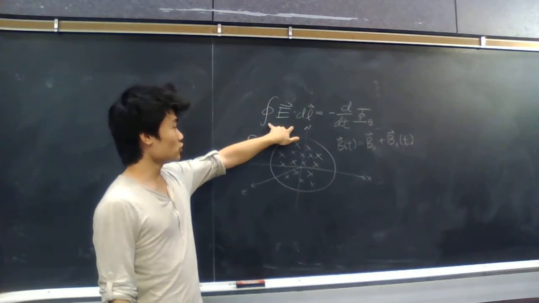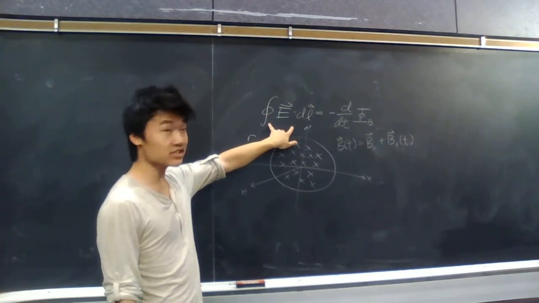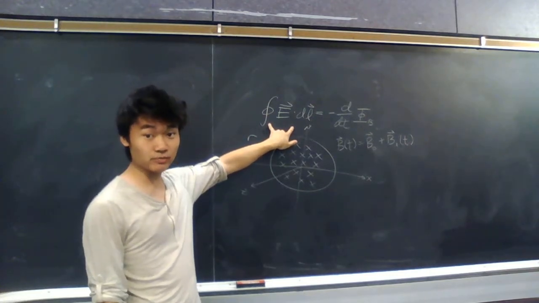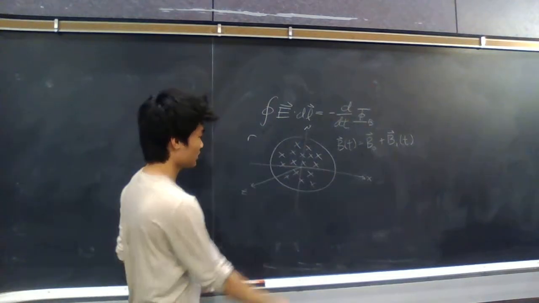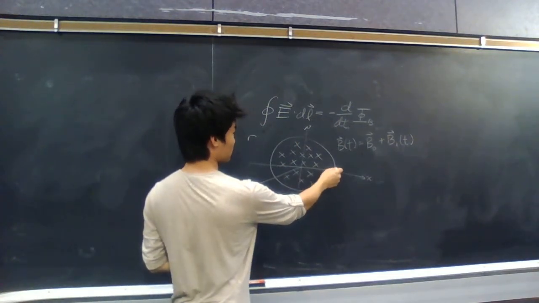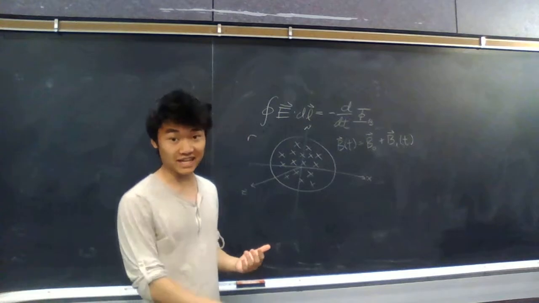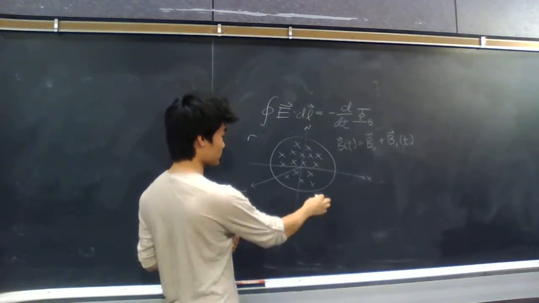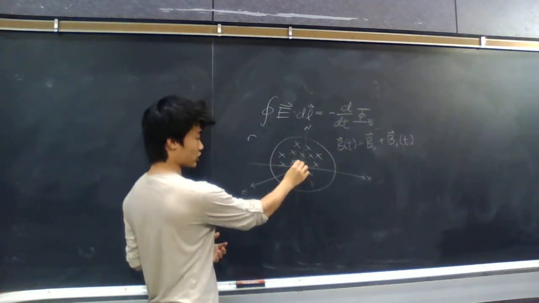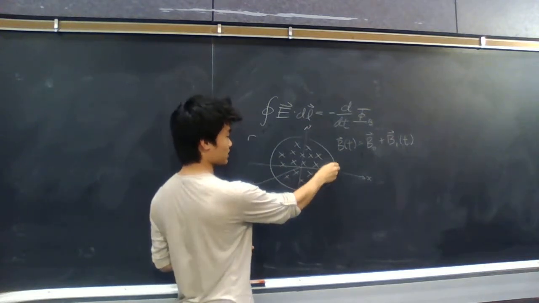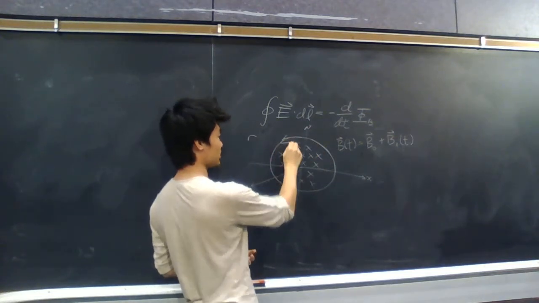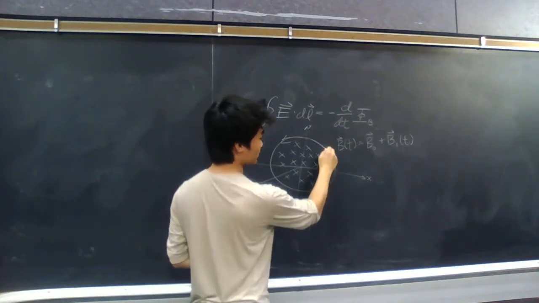When we do a flux calculation, it's considered to be positive if we're going through the surface such that we're tracing the boundary in the counterclockwise direction.